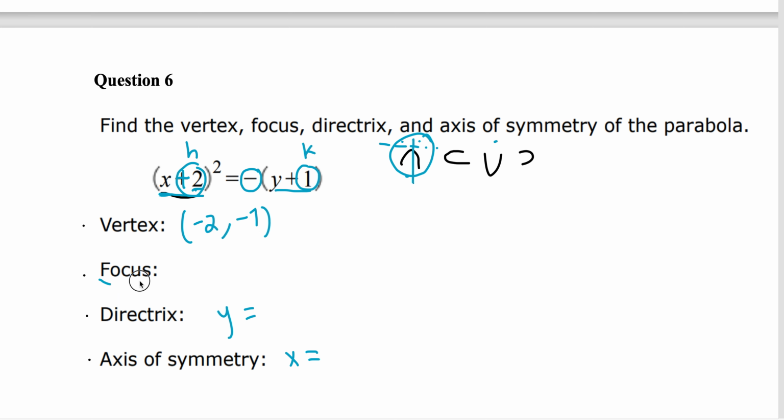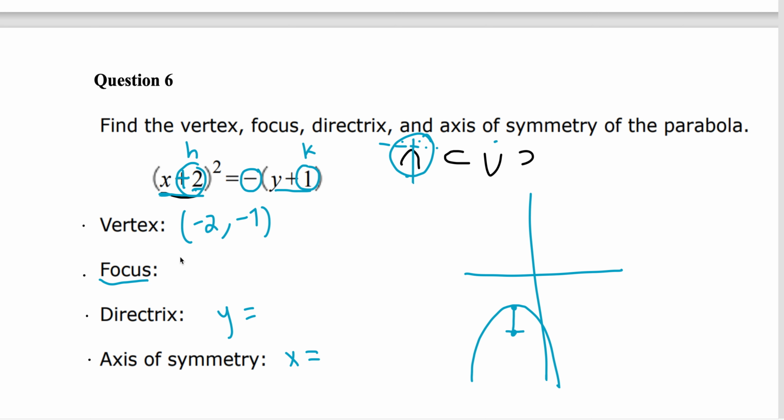Now, how can we get the focus? We know there are two ways to get the focus. If we visualize the parabola, and we know that the vertex is at -2, -1, the vertex is somewhere around here, and the parabola goes like this, right? So to get the focus, we have to go down.